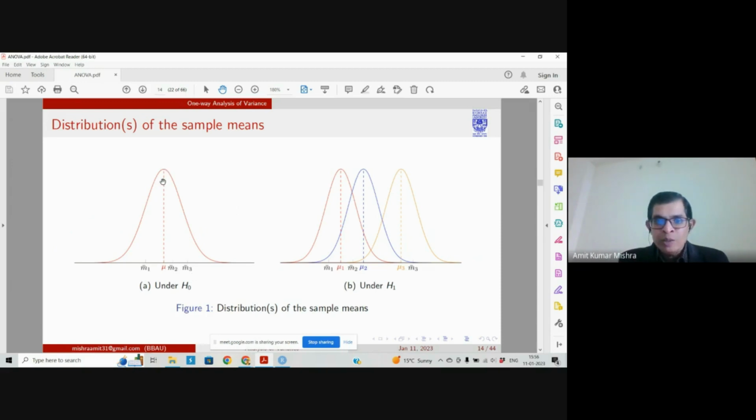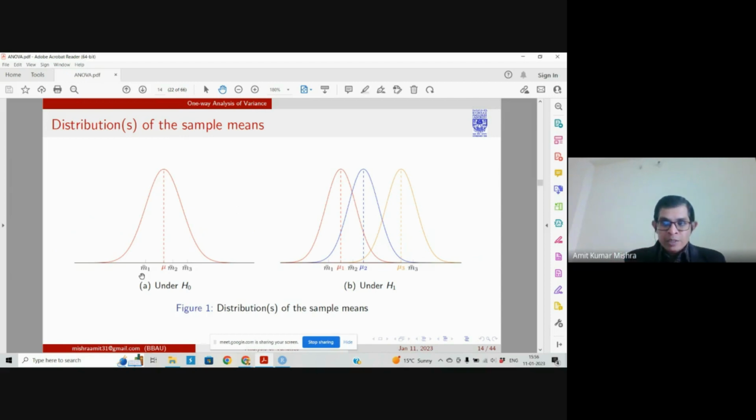And the true mean is mu. You can understand the variation between M1 bar, M2 bar, and M3 bar. That variation is because of sigma square.